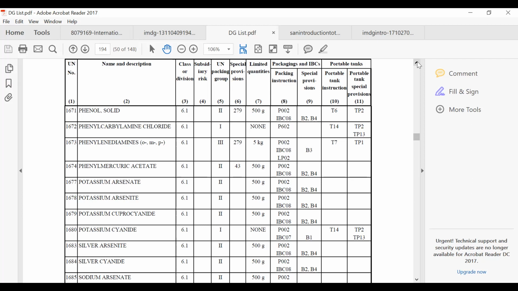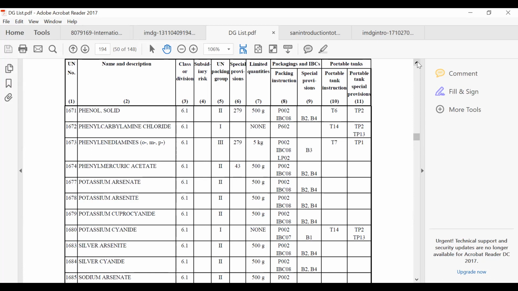Some might find it okay, but some might find it not impressive. So when we're giving any description, it's very important: the UN number is always a 4 digit number, but we need to start it with UN 1671. So can you come again, please?